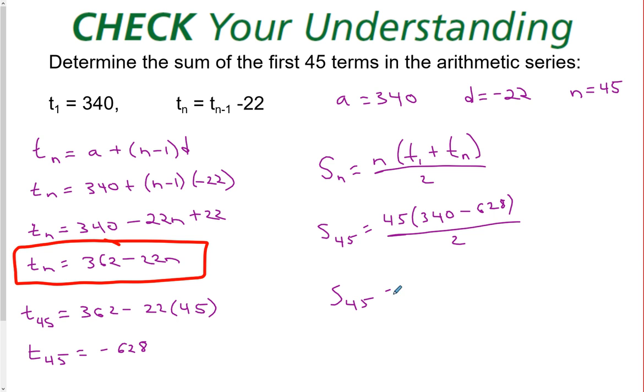So now that's just a matter of calculator work, right? So 340 minus 628 times 45 divided by 2. I'm going to end up with negative 6,480 when I add all of those terms together.